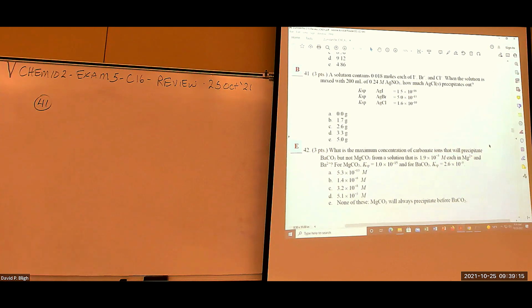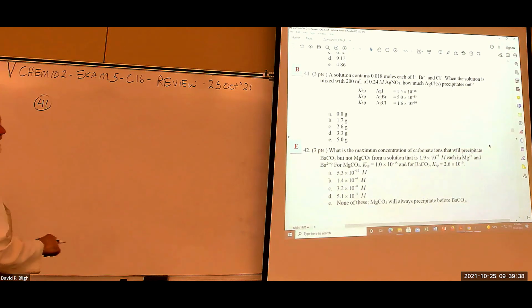Okay. We've got a solution with 0.018 moles each of iodide, bromide, and chloride. When the solution is mixed with 200 milliliters of 0.24 molar silver nitrate, how much silver chloride precipitates out?